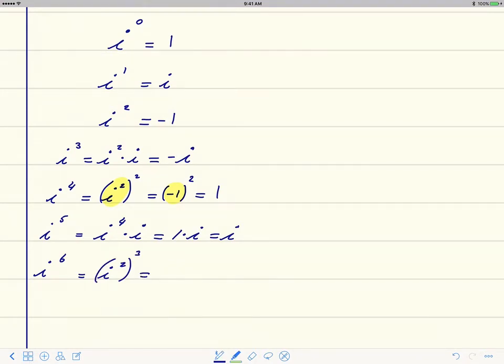And we know that we can replace the i squared with negative 1, so this is negative 1 cubed, which is of course negative 1. i to the seventh is i to the sixth times i. i to the sixth we just found out was negative 1, so this is negative 1 times i, which is negative i.